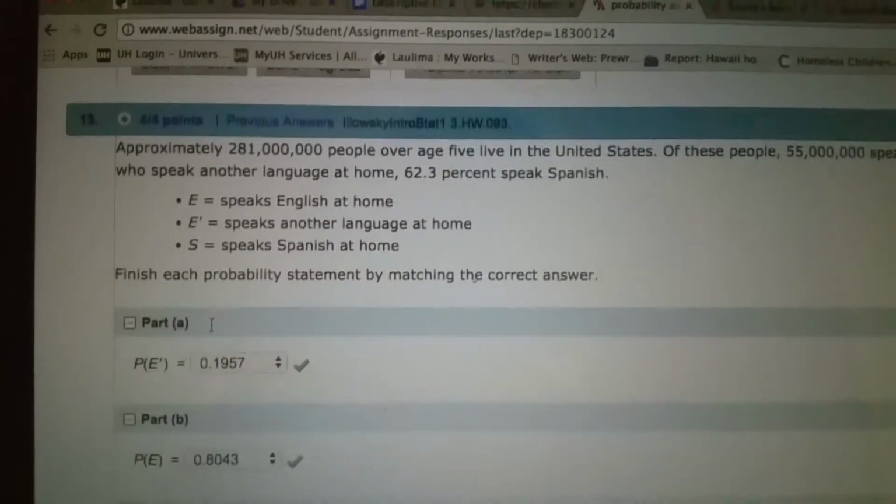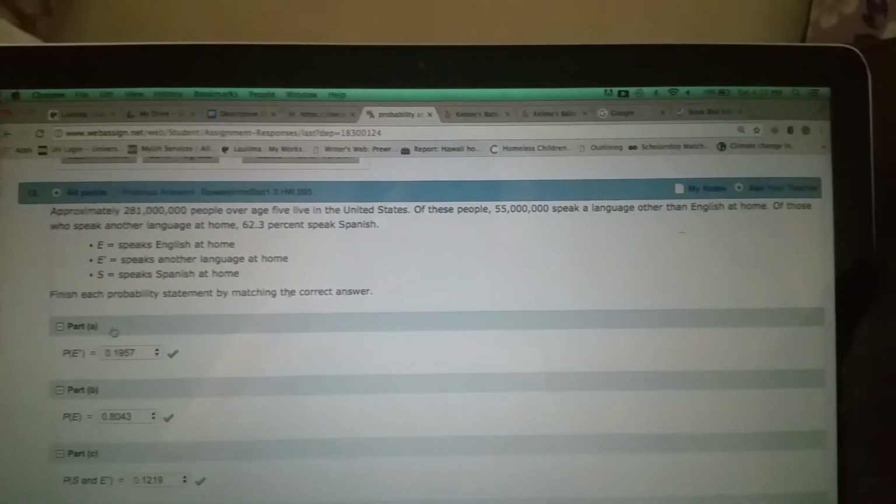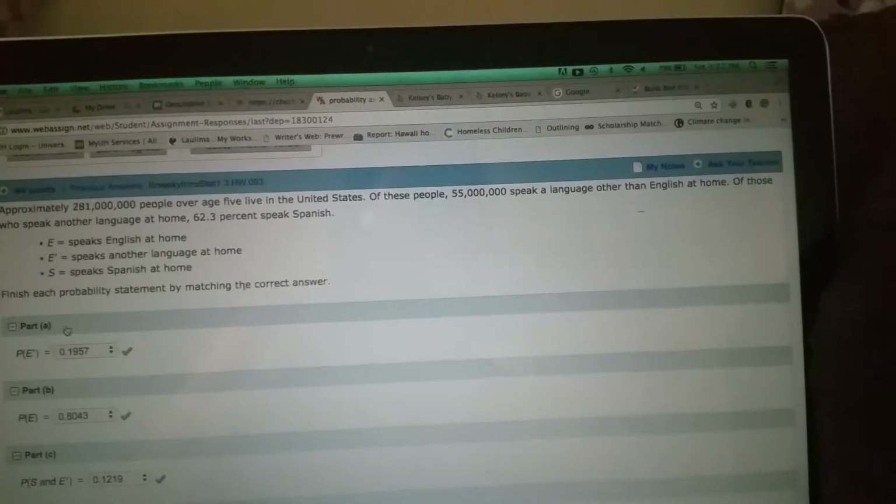Alright, let's move on to the next one. This is where it's going to get really fun. Approximately 281 million people over age 5 live in the United States. Of these people, 55 million speak a language other than English at home.